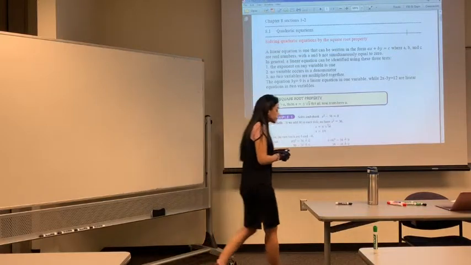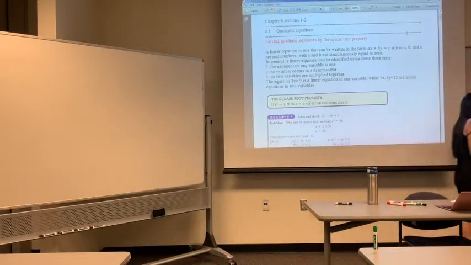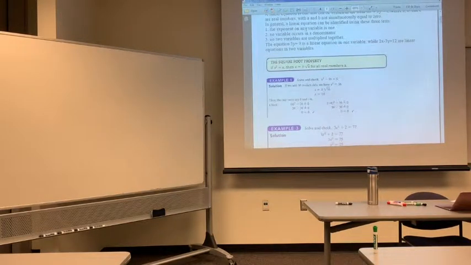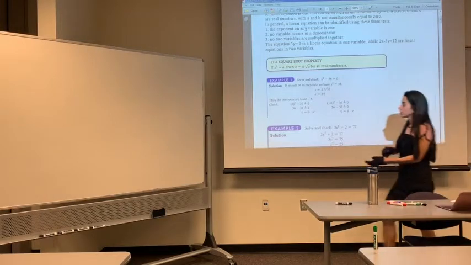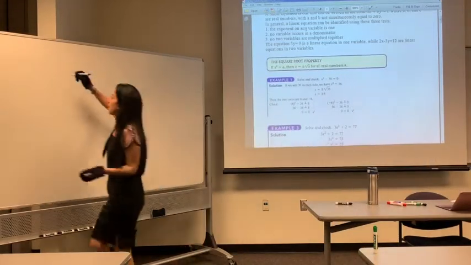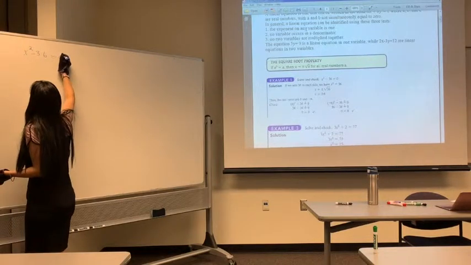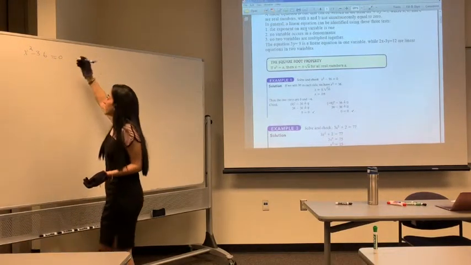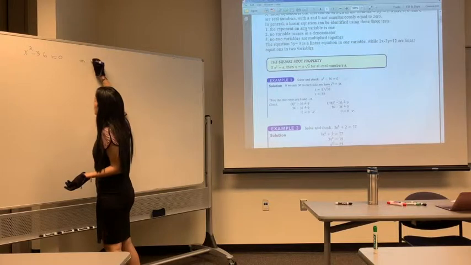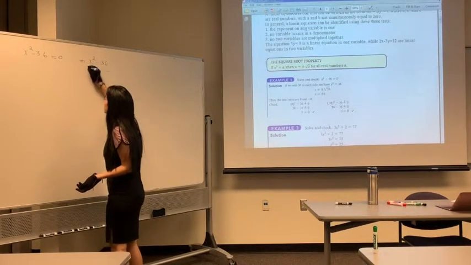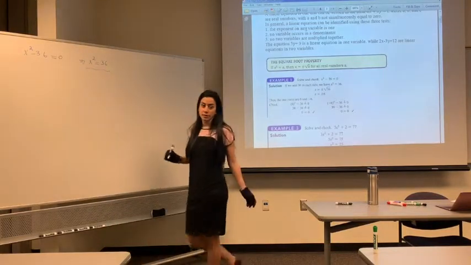Okay. So the first method we are going to use is the square root property. For example, if we have an equation like x squared minus 36 equals 0, we can rearrange this and write down x squared equal to 36 and solve this for x.